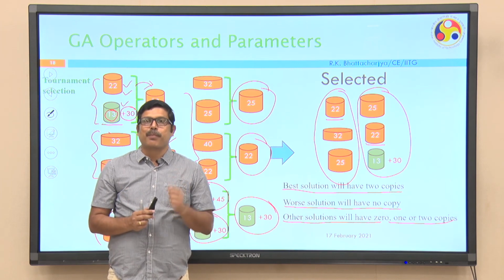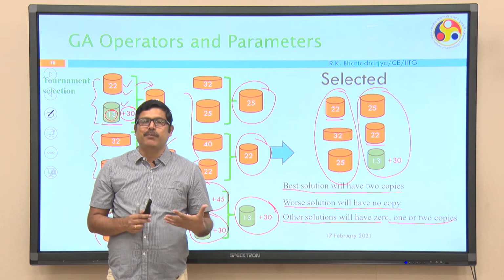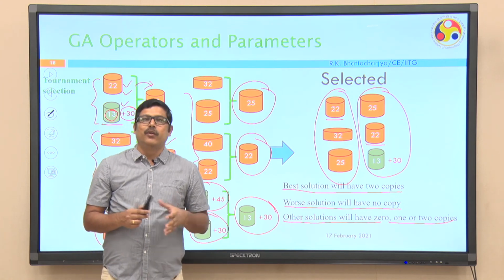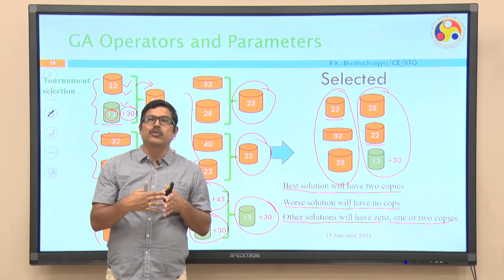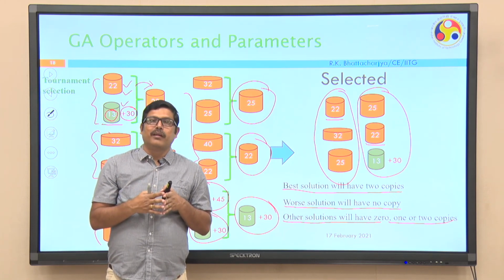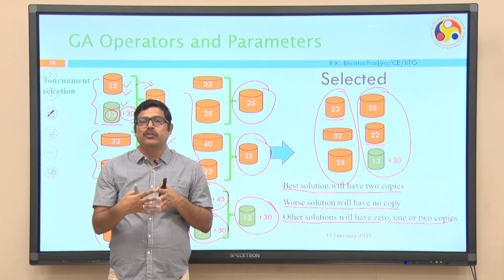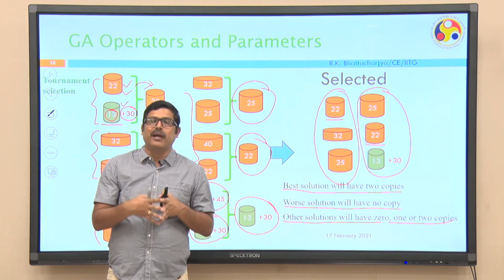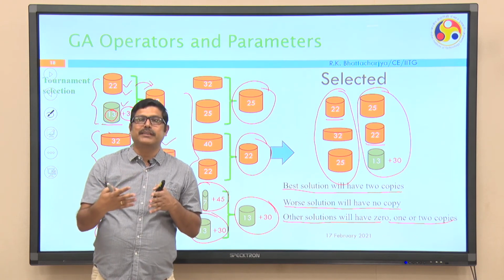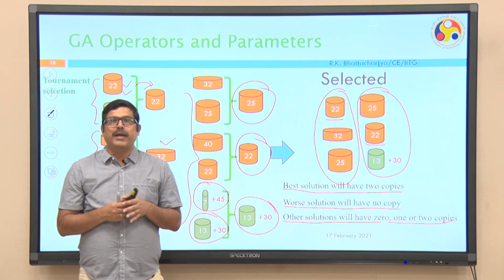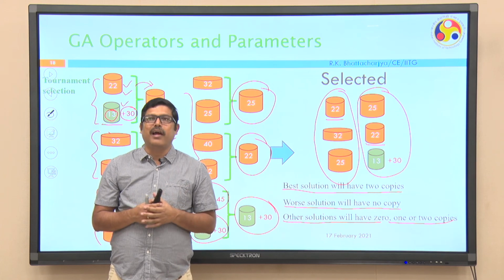Now, this is called selection pressure. What is happening? If you are increasing your tournament size from 2 to 3, the best solution will have 3 copies. If you select a tournament size of 4, then the best solution will have 4 copies, and so on. So, if you are increasing your tournament size, the best solution will have multiple copies. We do not want that.